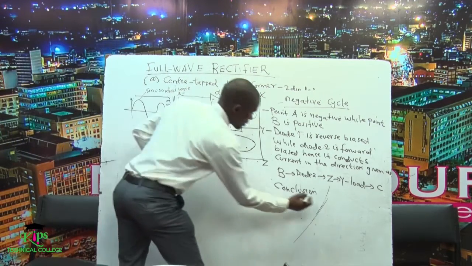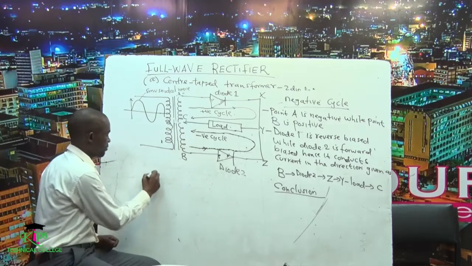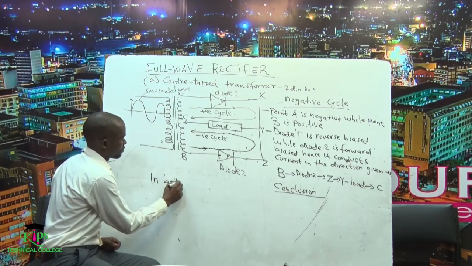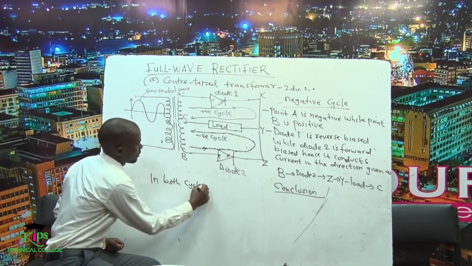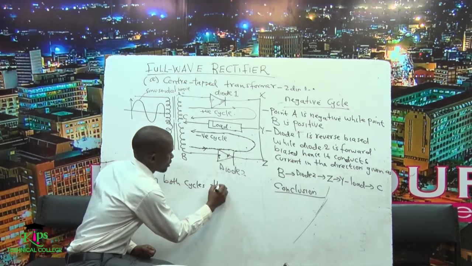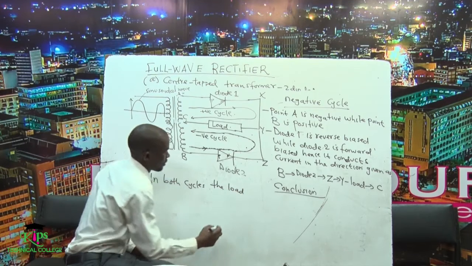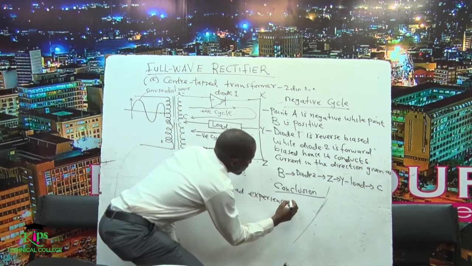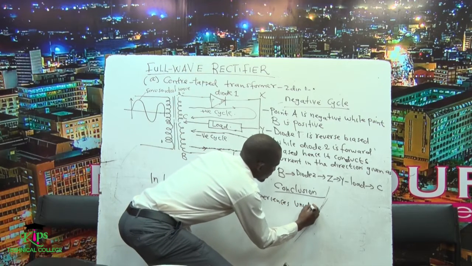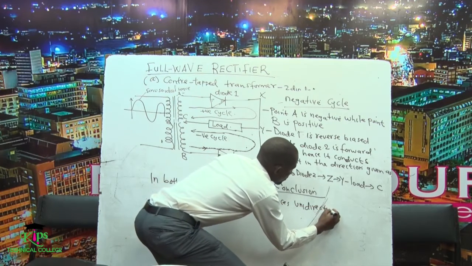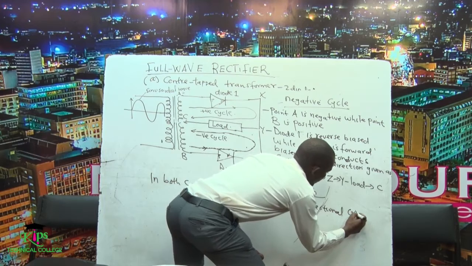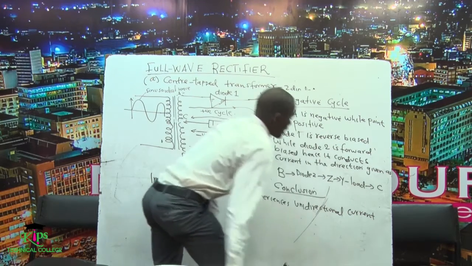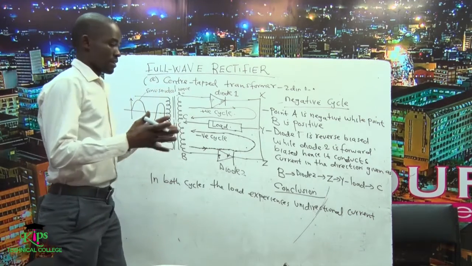current. So we can say in both cycles the load experiences unidirectional current. Unidirectional current means current flows in the same direction.